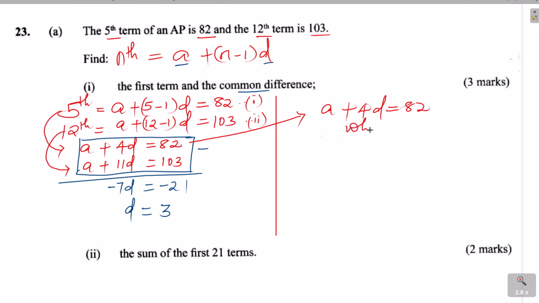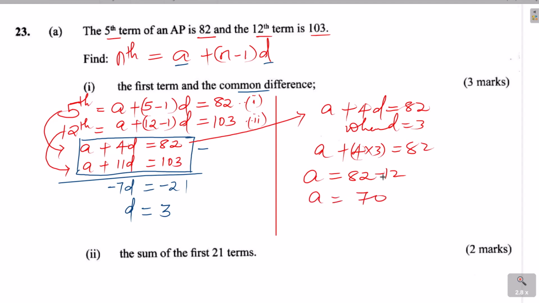So when D is equal to 3, A plus 4 multiplied by 3, that is 4D, is equal to 82. And therefore, A will be given by 82 subtract 12. And therefore, A will be 70. So that is the common difference, and that is the first term.